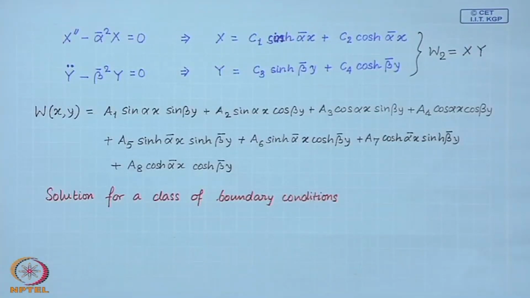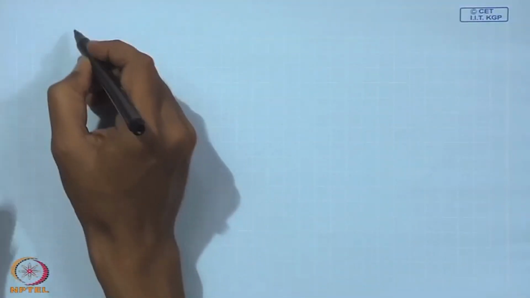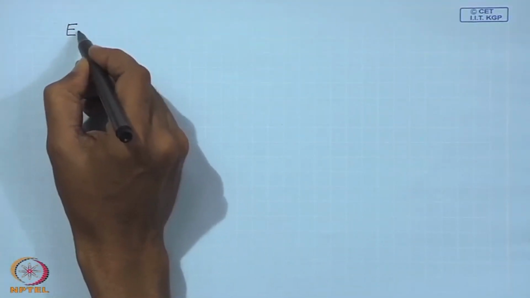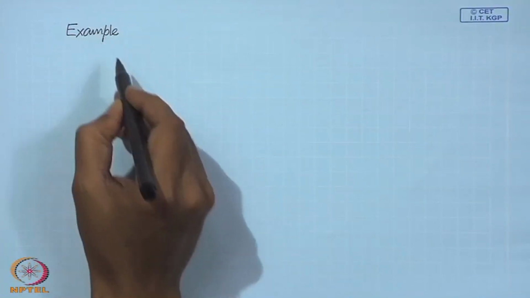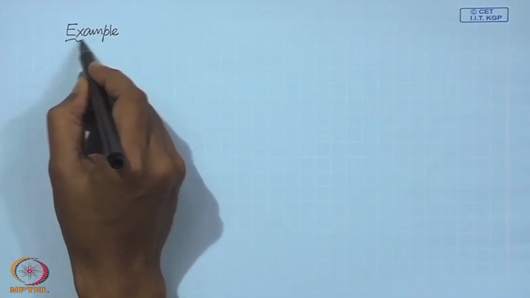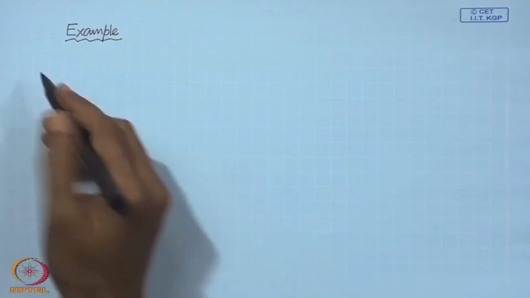So, you can use this solution for a class of boundary conditions. So, let us look at certain examples. The first example that we are going to take is that of a simply supported plate.